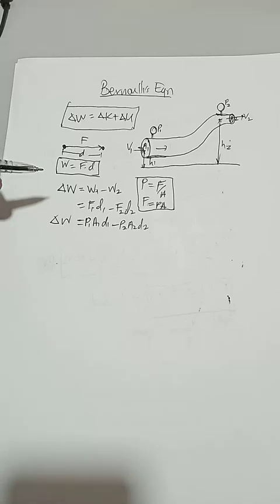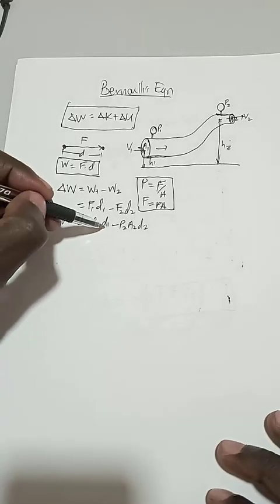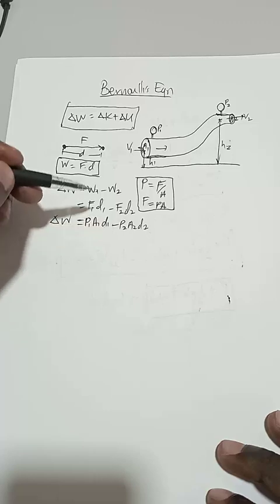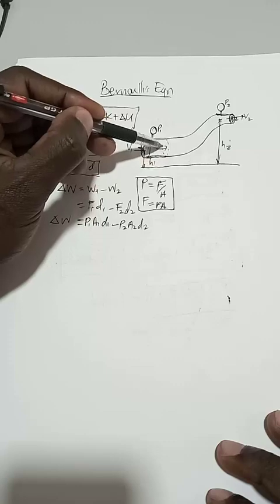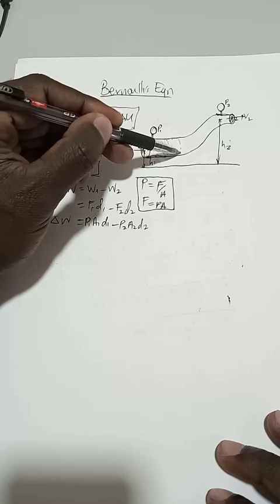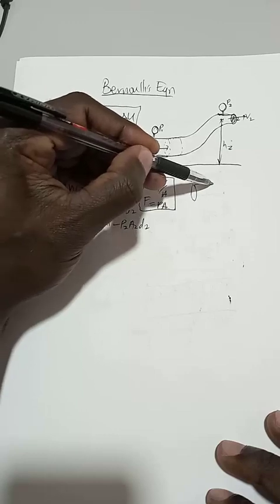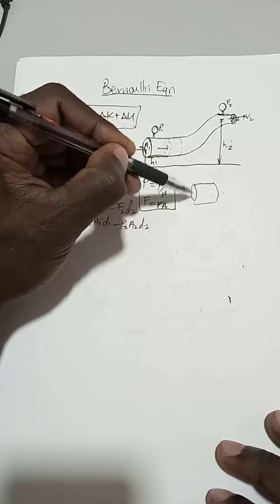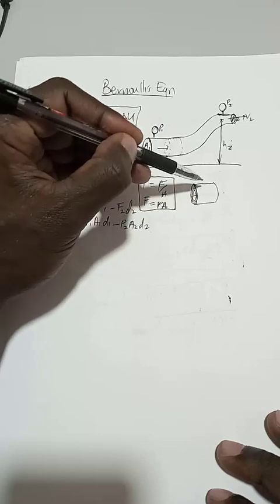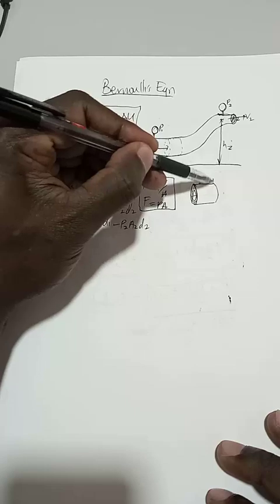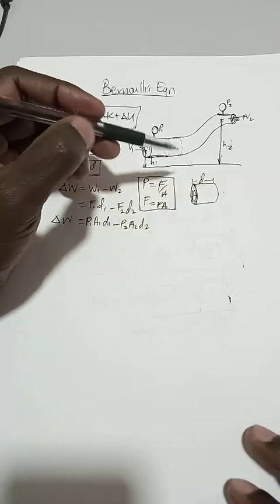Now, if we look at area times distance, it is basically a volume. Suppose we take a cross-sectional column of water here. This is the column of water, and we have its cross-sectional area and then the distance the fluid moves, let's say per second.